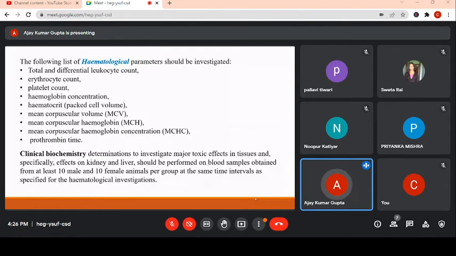So these are the important hematological parameters which should be investigated and noted down to write down the result and the conclusion. The clinical biochemistry determination to investigate major toxic effect in tissues and specifically effects on kidney and liver should be performed on blood samples obtained from at least 10 males and 10 females as stated earlier.